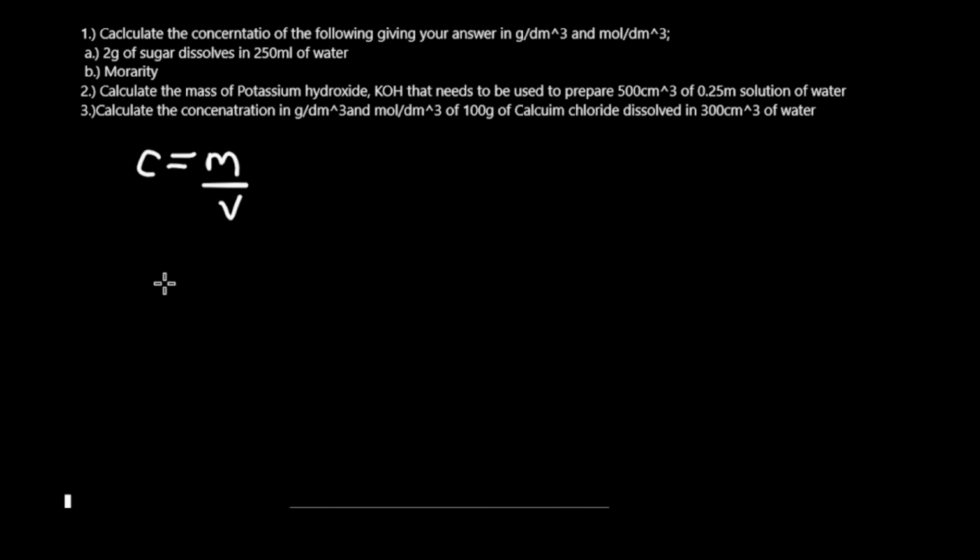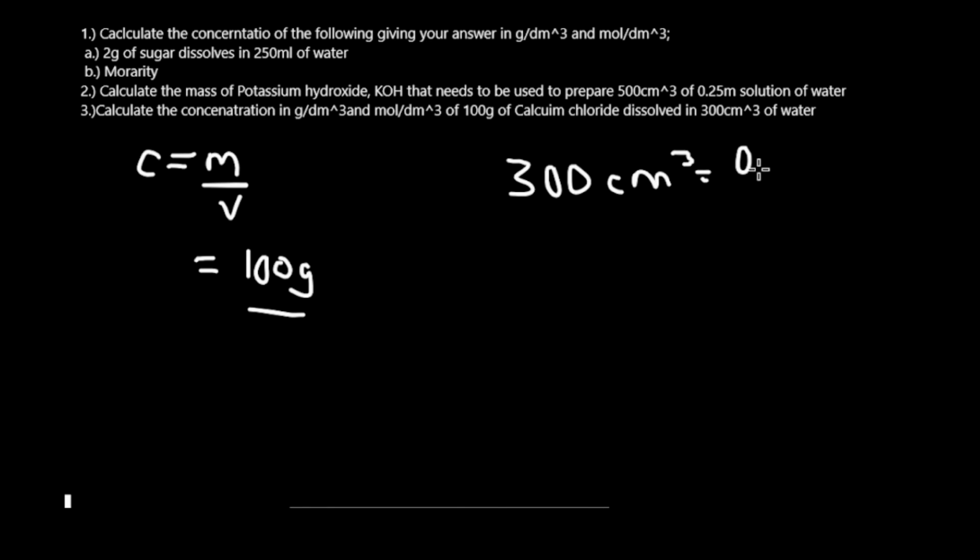Now we have been given a mass of 100 grams. This one is very direct. You just have to plug in and see what you obtain. And then the volume we are given is 300 centimeter cubed. If we convert 300 centimeter cubed into decimeter cubed, we're going to get 0.3 dm3.